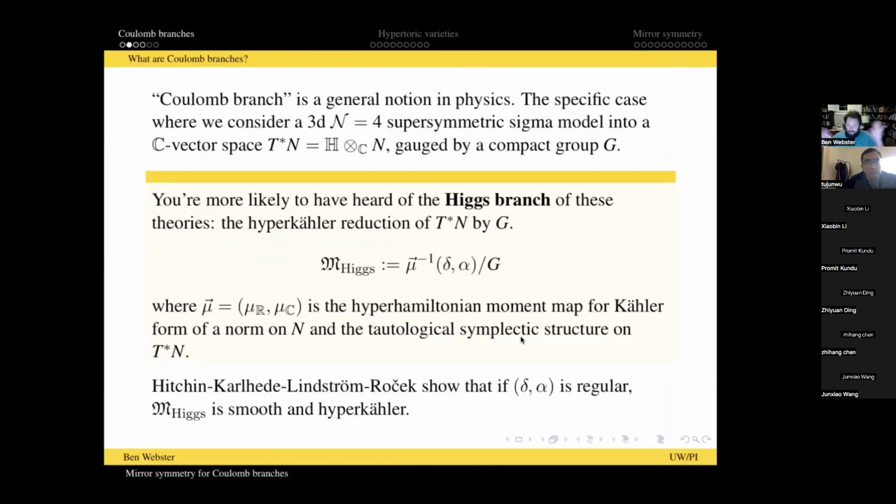Okay, so Coulomb branch is a general notion in physics. I should mention that branch is really just the physicist word for a component of an algebraic variety. The physicists think, well, there's this space of vacua, which is very singular.